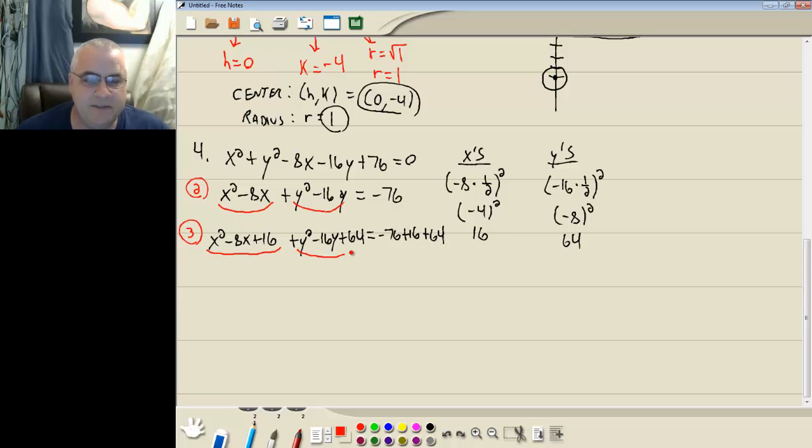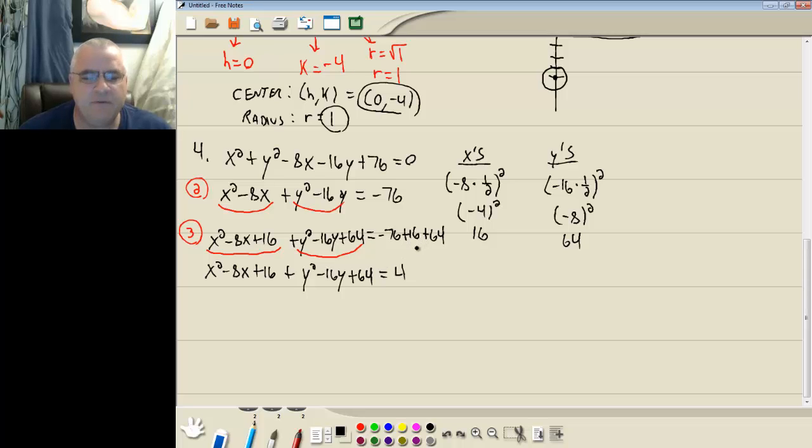Again, notice I put the 64 with the y's on this side. So we got x squared minus 8x plus 16 plus y squared minus 16y plus 64 equals, and let's see, what does this give us? It gives us 4.